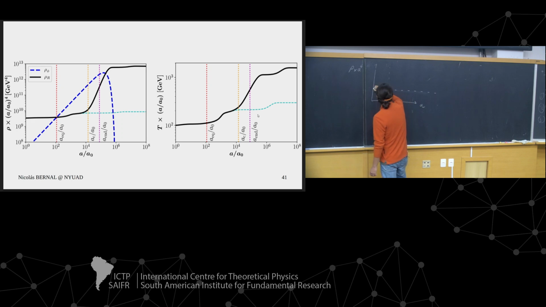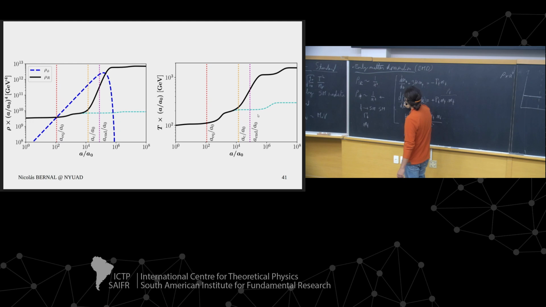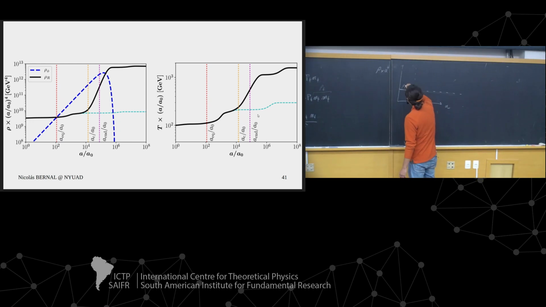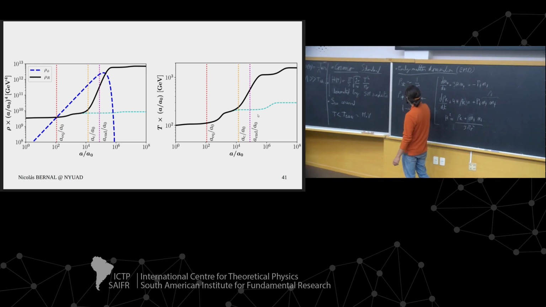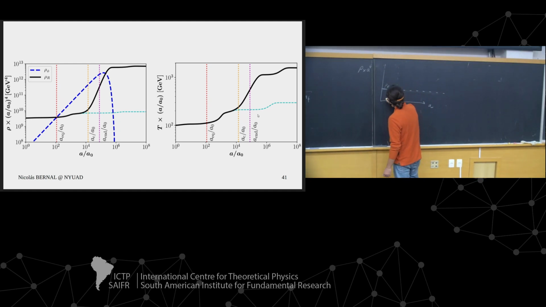So at first, when the universe is dominated by standard model radiation, that's what I get for rho r. This guy phi scales like 1 over a cubed. If I multiply by a^4, you will have an increase in yellow, rho phi.